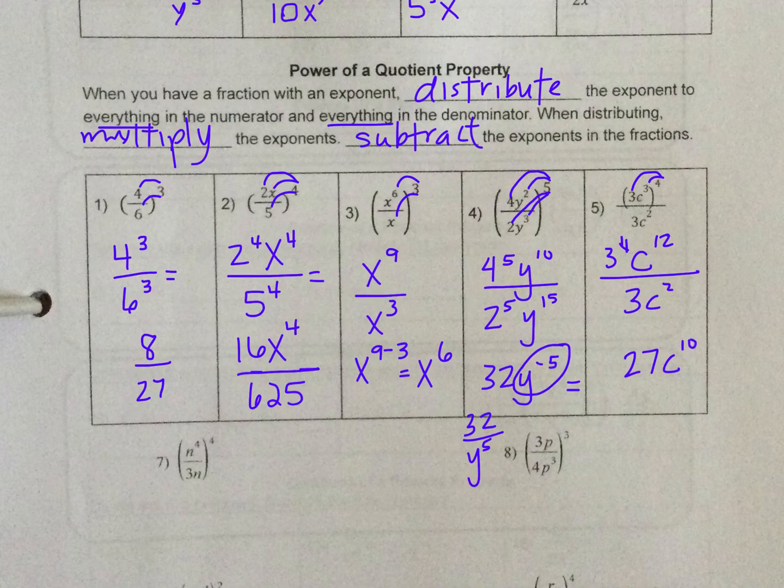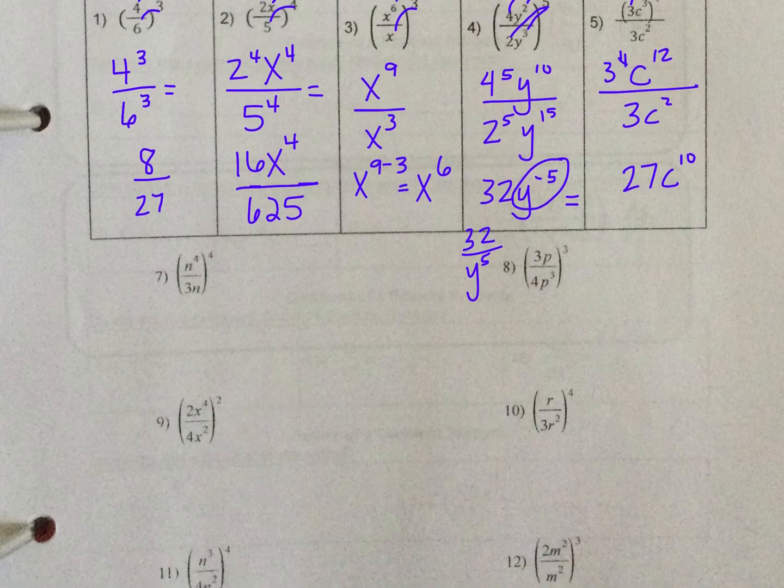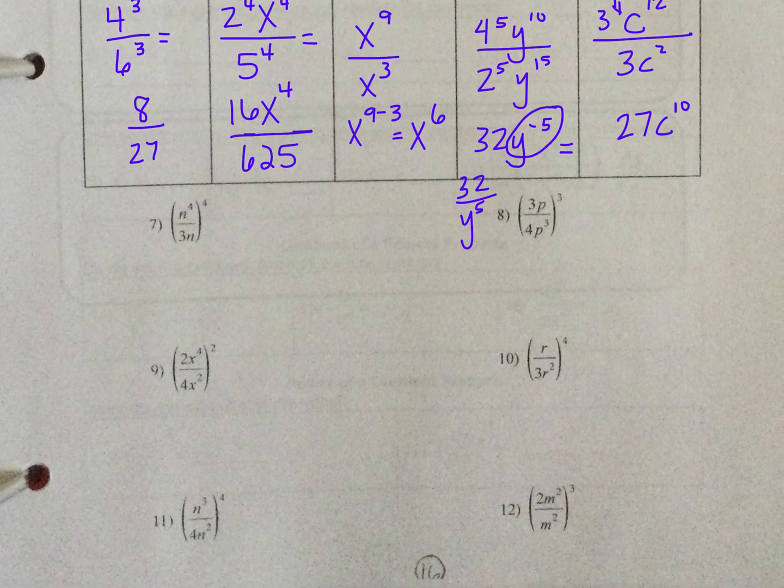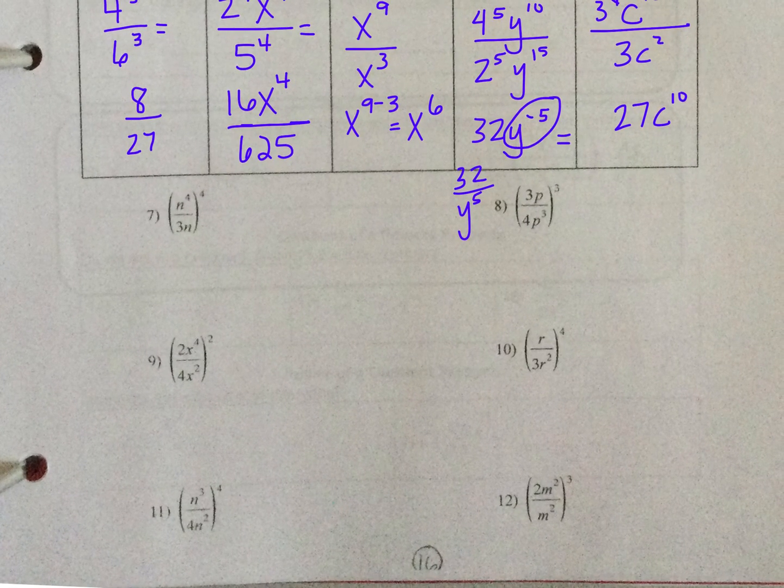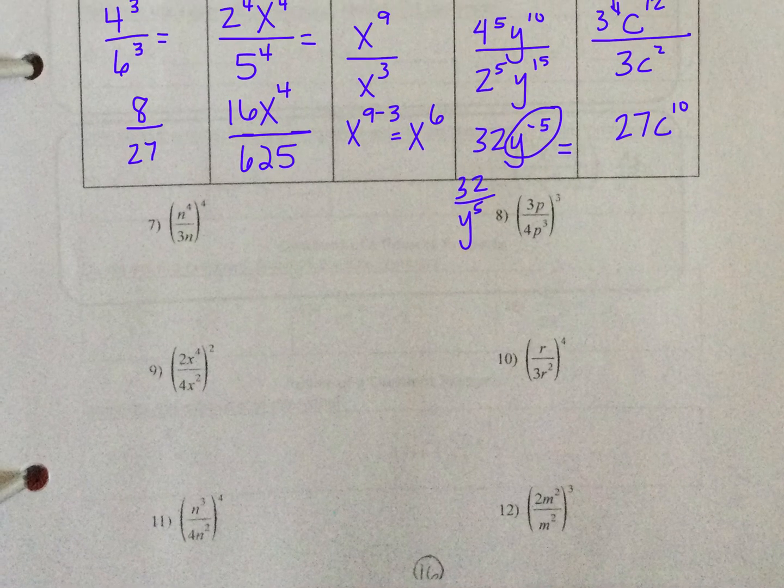All right, I'm going to do 2 examples for you in 7 and 8, and then you'll do 9, 10, 11, and 12 on your own. So in number 7, we just got to distribute that 4 everywhere. 16, because 4 times 4 is 16, over 3 to the 4th.